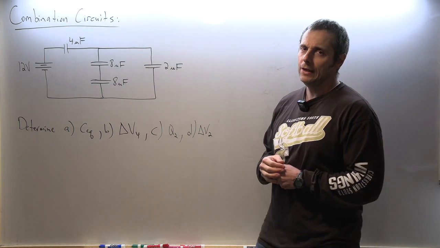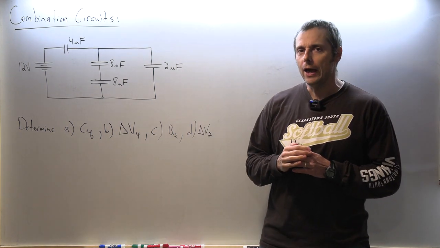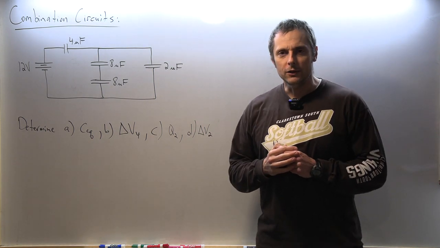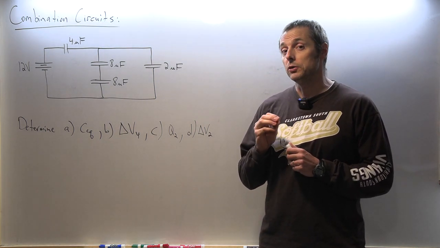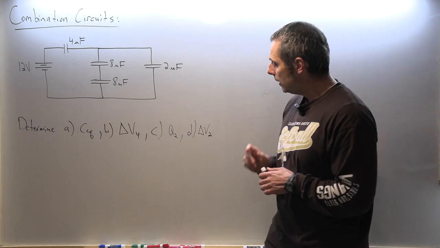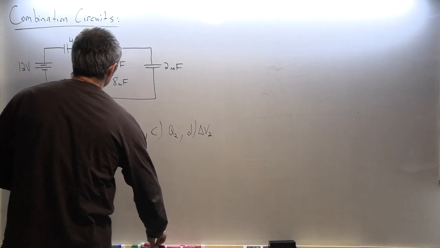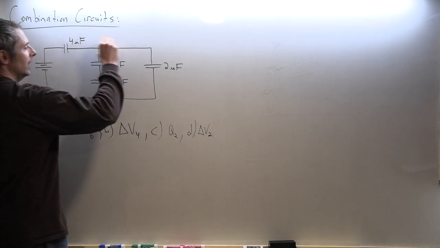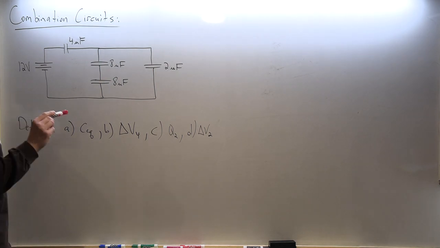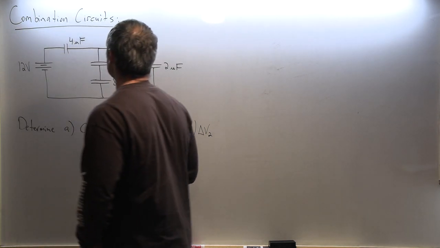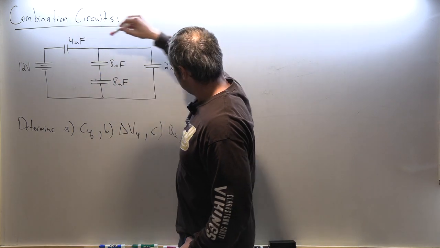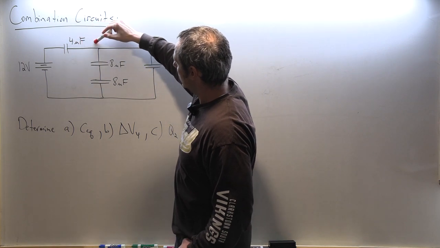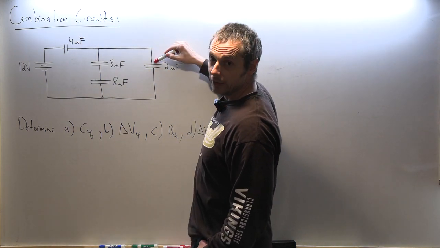What we have to do is begin by looking at the circuit and trying to see a place where the circuit is either pure series or pure parallel. For example, we do not start here by saying this is in series with this, because the electricity goes like this. It's not truly in series, because in order for these two to be in series, all the charge that came out of this capacitor must then deposit over here.